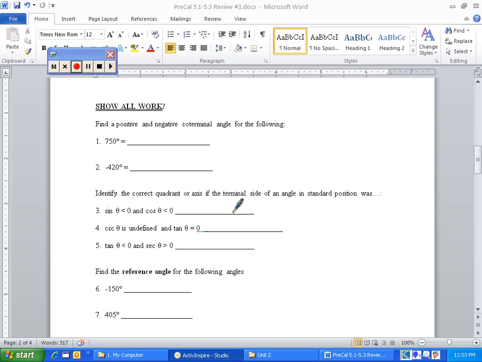Okay, second one says that cosecant is undefined. Well, okay, undefined does not occur in my quadrants, so it must occur somewhere on my axes. Alright, well, undefined for cosecant means that my sine value must be equal to 0. So now I have to look, where is sine going to be 0 and where is tangent going to be 0?